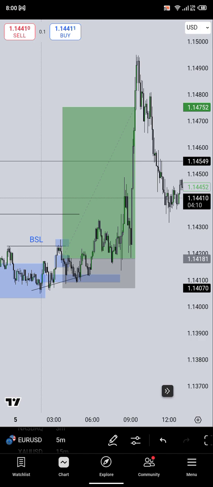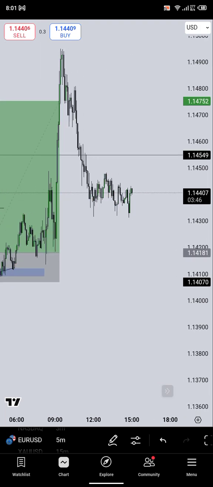So just try to simplify, make your strategy more systematic, more mechanical. Just know what you are looking for and wait for your setup.